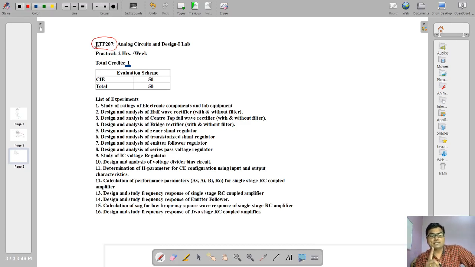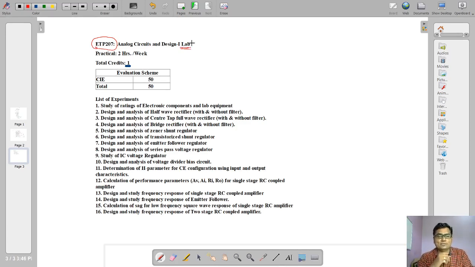So the subject will be the same, analog circuits and design 1, but this is a different course, a practical course for the same subject. So ETP202 is a practical course for ETL202. That's why the last word, lab, is included.